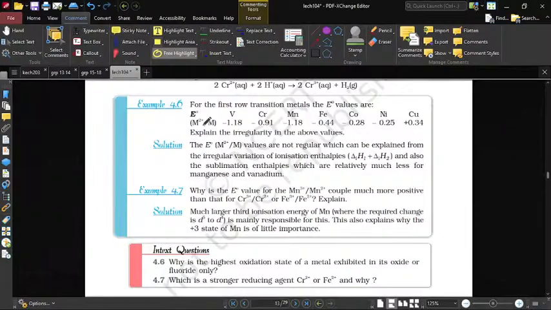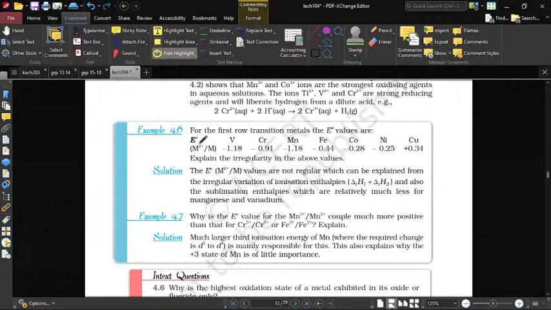Read this for a minute, I forgot this. For the first row of transition elements, the E naught values are given.